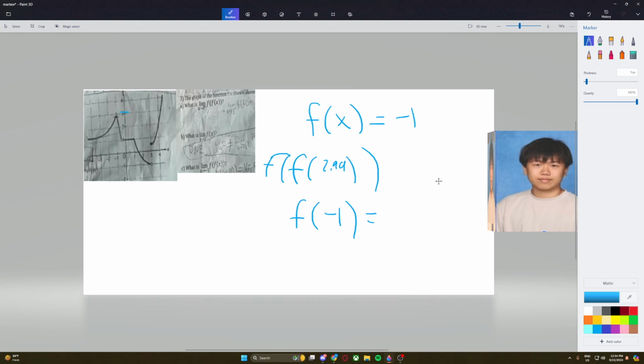It's equal to 3. The limit of f approaching -1 is equal to 3. So that's the answer for A. The f of 3 equals -1 on the left side.